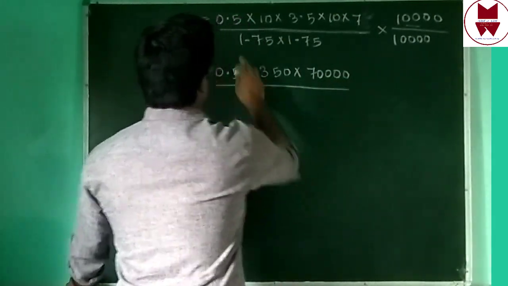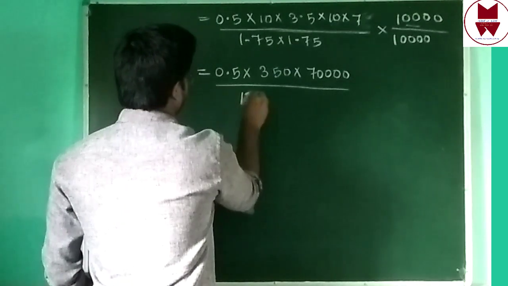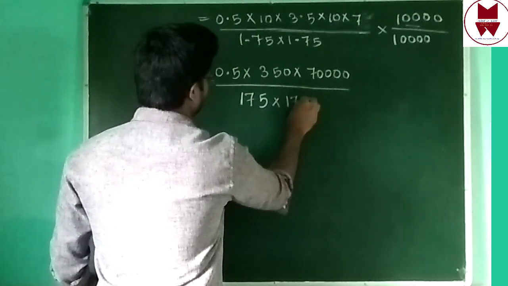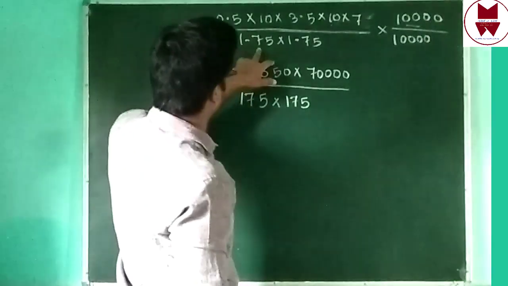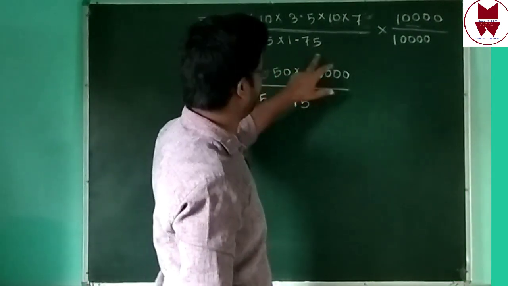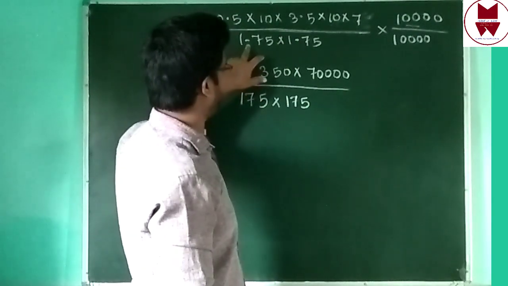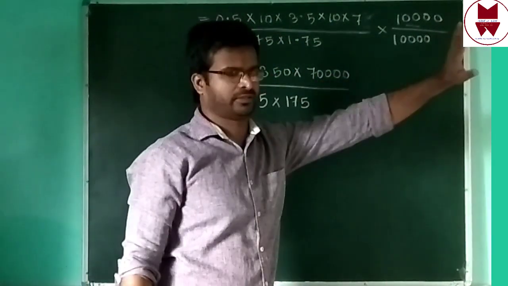Divide by 1.75, we can write 175 into 175, because after the point there are 4 numbers, so 4 zeros. That's why we can cancel the decimal and all these zeros.